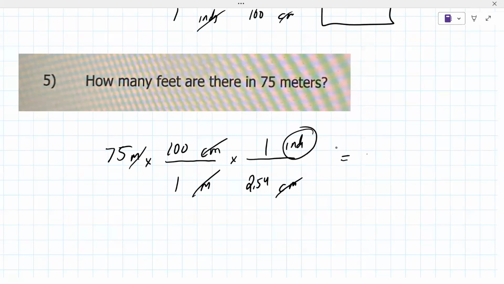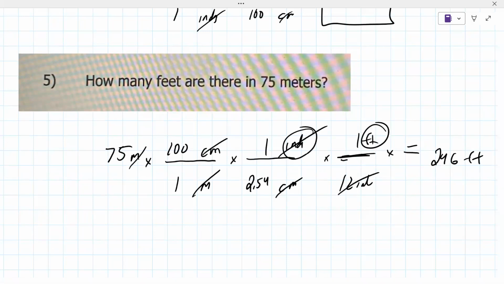And do you have some feet? We only got the inches. We need to get feet. Yeah, we need to keep going. That's right. So there are 12 inches in 1 foot. Two hundred and 46 feet. Yeah, feet, that's good. Okay.